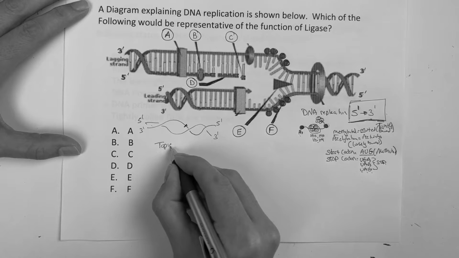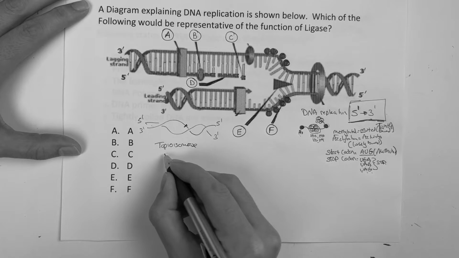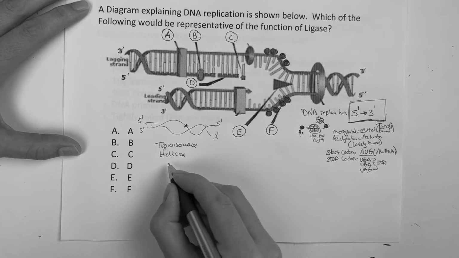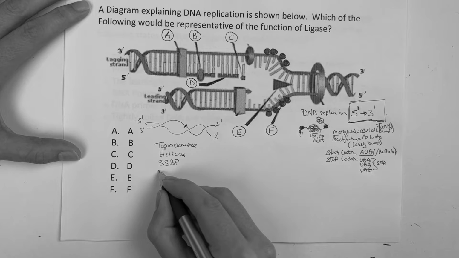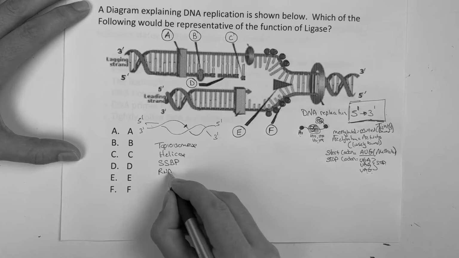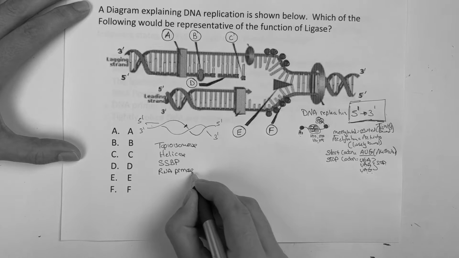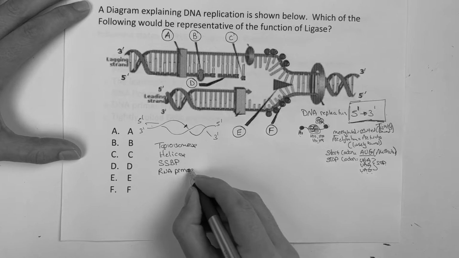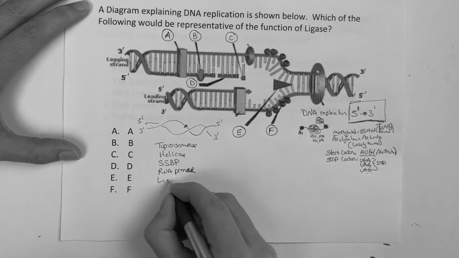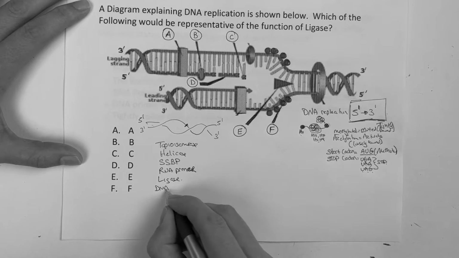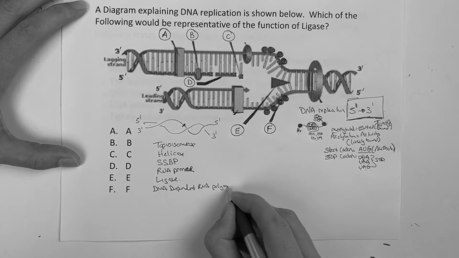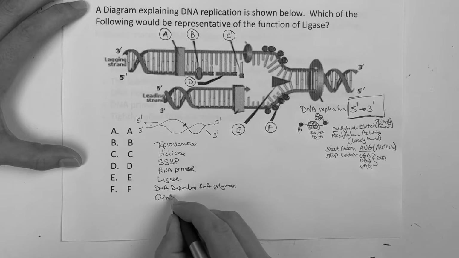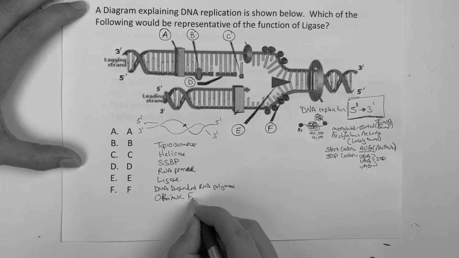Those are topoisomerase, helicase, single-stranded binding proteins, RNA primase, or RNA primer, I should say, ligase, DNA-dependent RNA polymerase, Okazaki, right? Okazaki fragments.